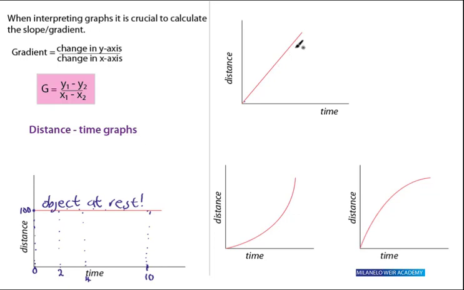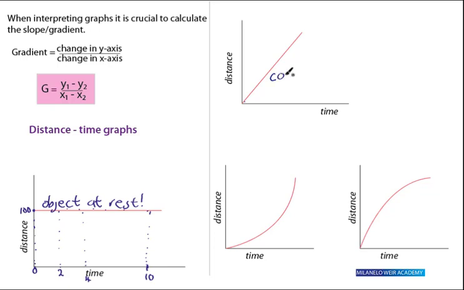So because we know now that the gradient or the slope for a distance time graph represents the speed, we can describe the motion of this object shown by this graph as constant speed. So the object is moving at a constant or uniform speed.